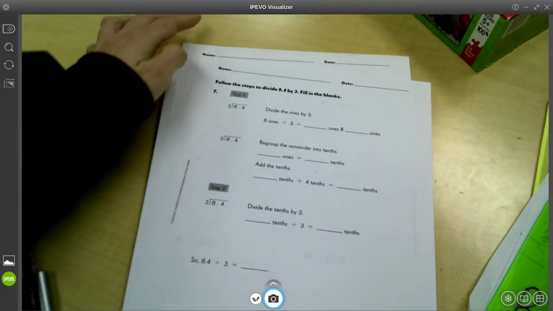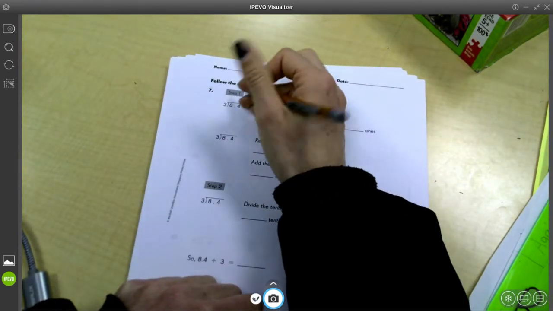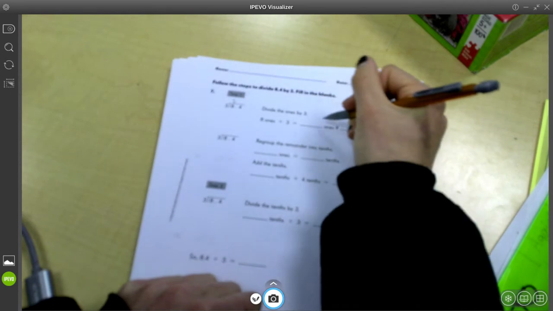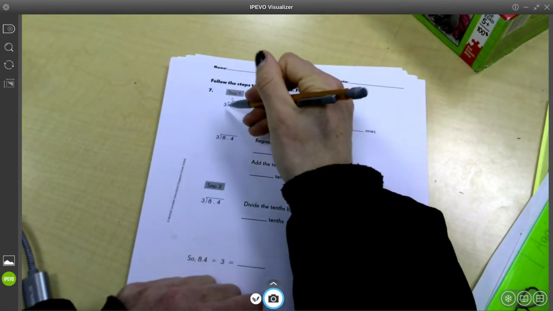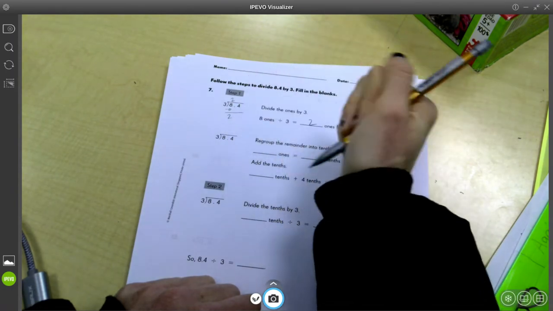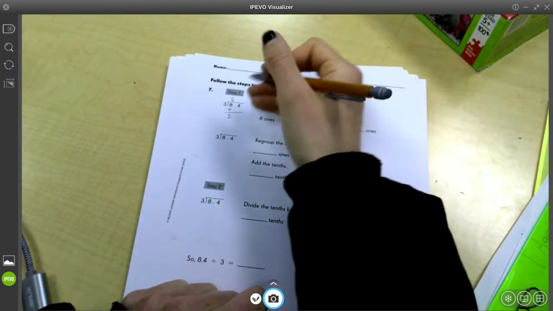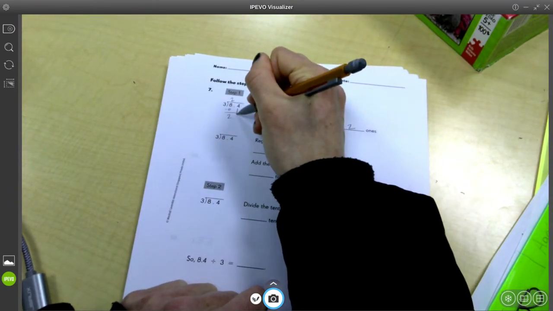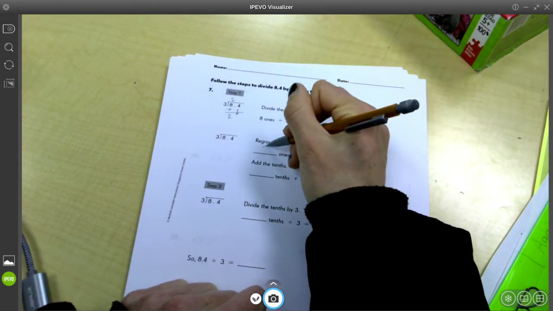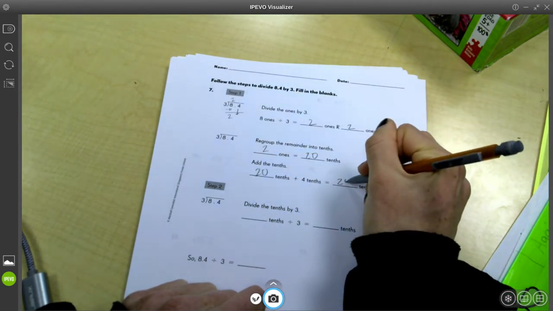All right, here's another one where you've got to go step by step. So divide the 1s by 3. 8 divided by 3 is 2, 2 times 3 is 6, with a remainder of 2 1s left over that I didn't distribute. All right, so regroup into tenths. So 2 1s equals 20 tenths. Add them together. 20 tenths with 4 tenths is 24 tenths.